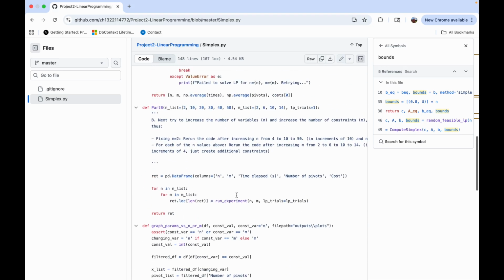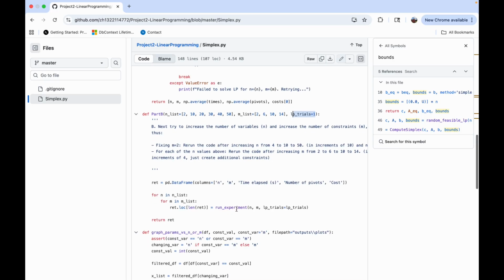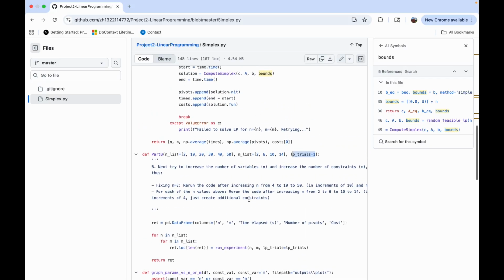For part B, that's where we test with various constraints m and various variables n. Notice that we have LP trials right here, which is where we run the experiments multiple times and record the average time elapsed and the average pivots.